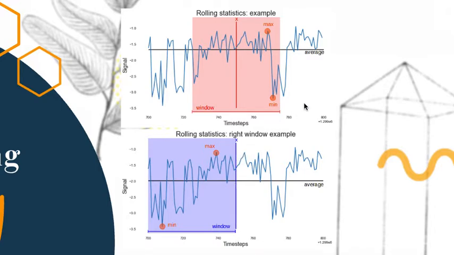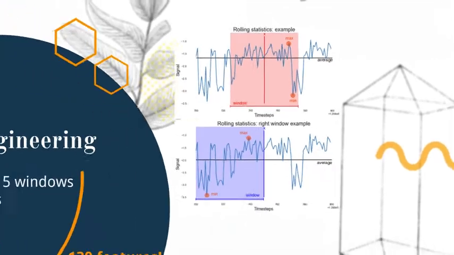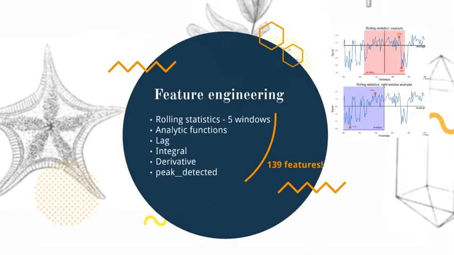We also created a few features that were operations on these statistics. For example, the max to min ratio, the difference between minimum and maximum divided by the average, that kind of thing. We then generated features that were analytic functions, the power, the square root.